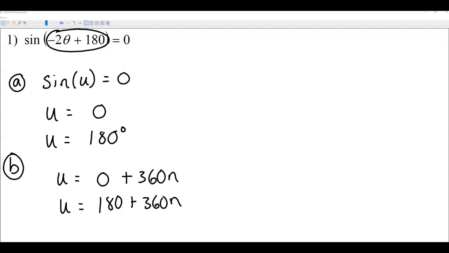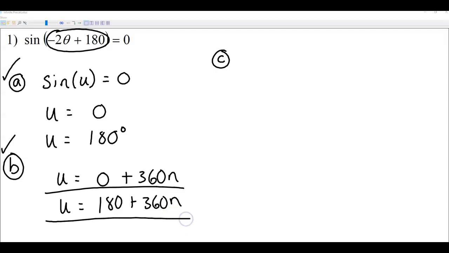So step 1, replace all the inside stuff with a simple letter. Step 2, write those solutions as general solutions. Now step 3, this is another strange step. Now that we have this equation, I'm going to replace this u with what it was originally.